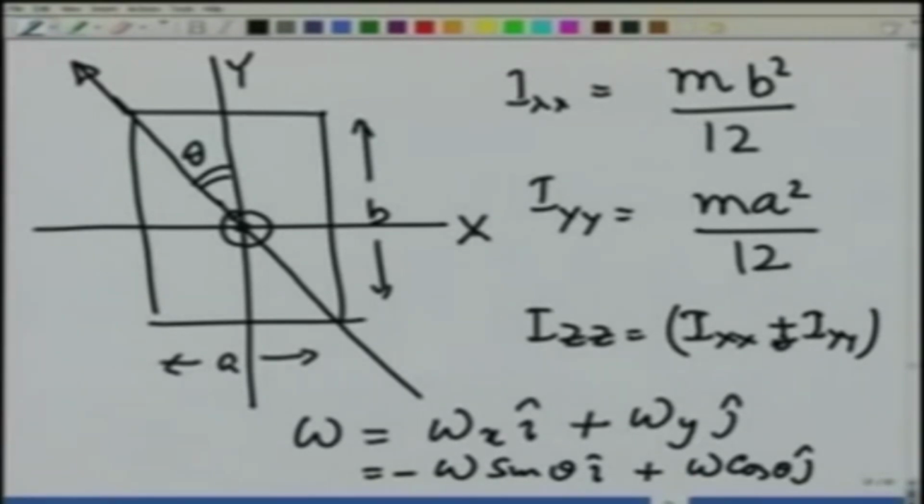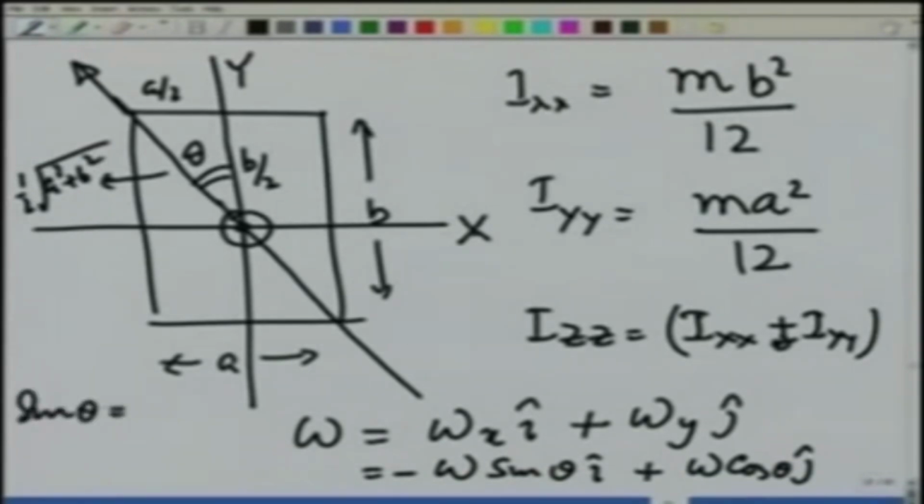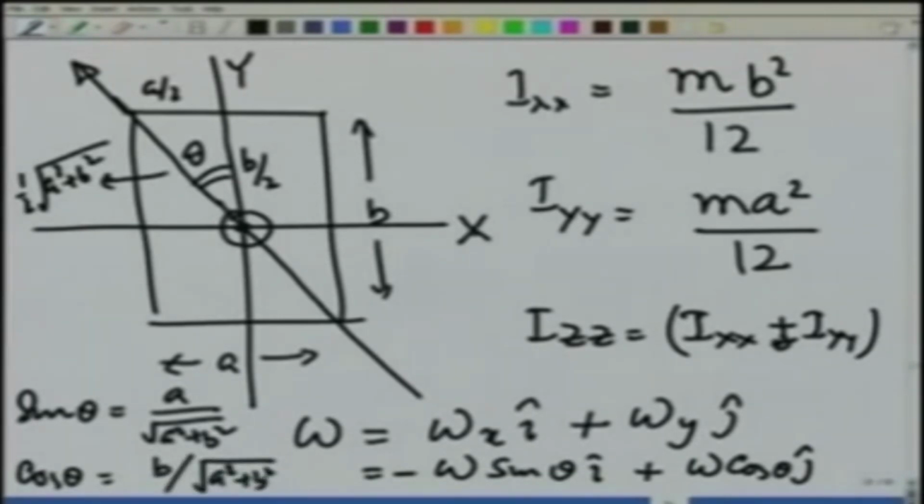Sin theta and cosine theta are easy to calculate because these distances are known. This is b by 2, this is a by 2, and this is going to be half the square root of a square plus b square, and therefore sin theta is equal to a over square root of a square plus b square, cosine theta is equal to b over square root of a square plus b square.